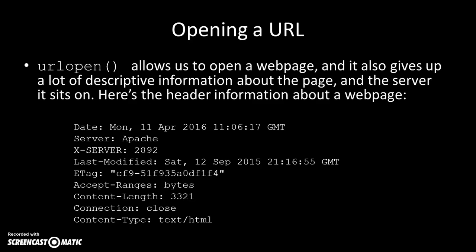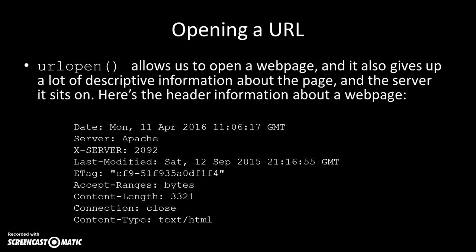And as it happens, we call that header information, the same way as we mentioned in HTML, there's header and body information. The header information that the web server or computer that has the web page file on it is storing are things like the date that the file was last updated or created, what type of server it's running on, information about that server.